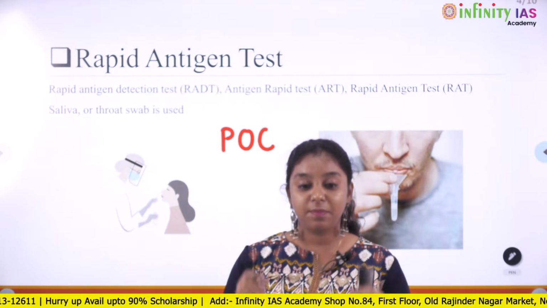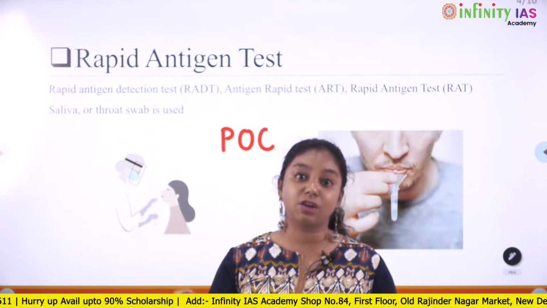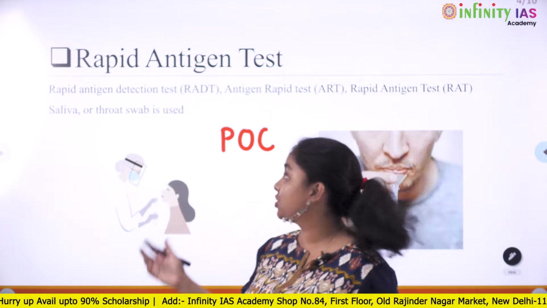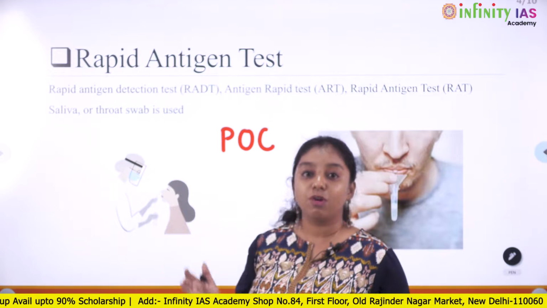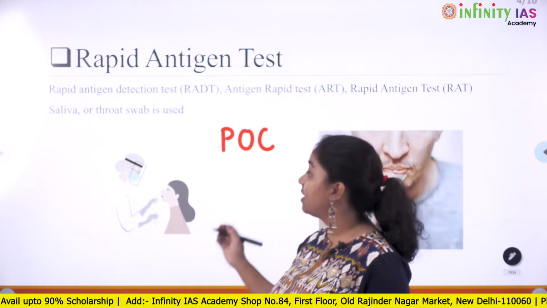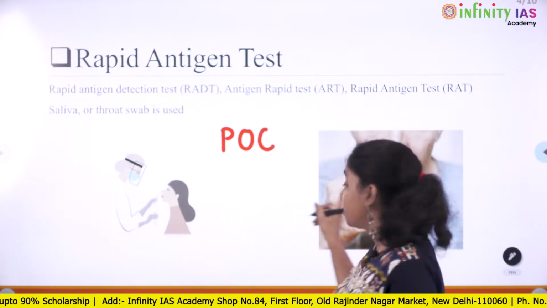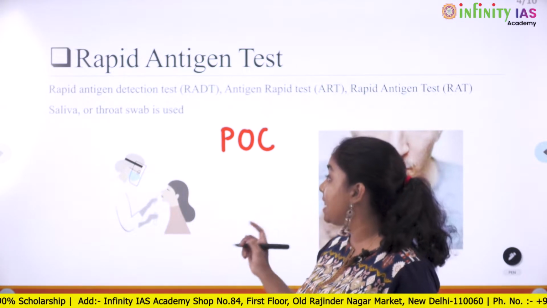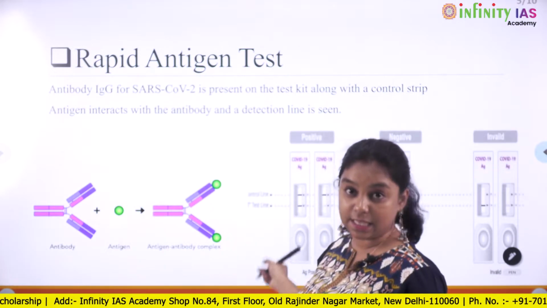That means the place where the testing happens is exactly where the results are also seen. One other point of care testing kit, which is very similar to this, is the pregnancy test. This also works mostly on the same principles, where you take either saliva or a swab from your nose or your throat, and then you use it on a testing kit, which looks something like this.